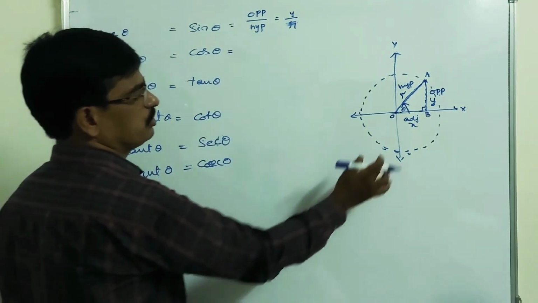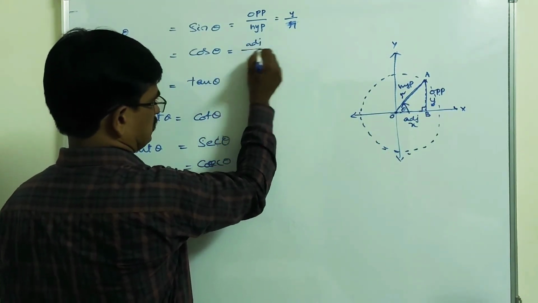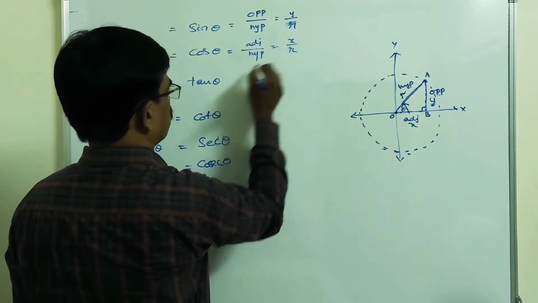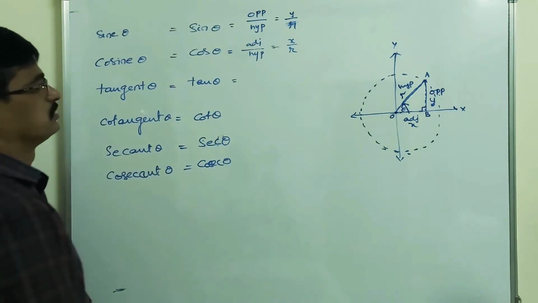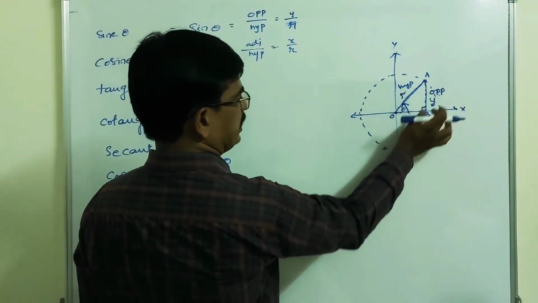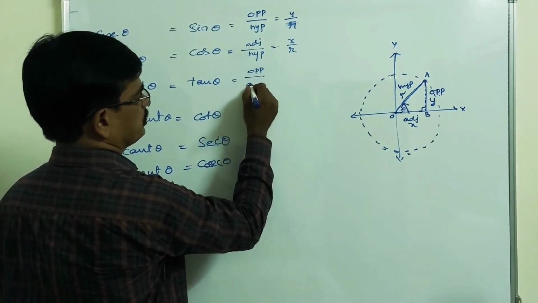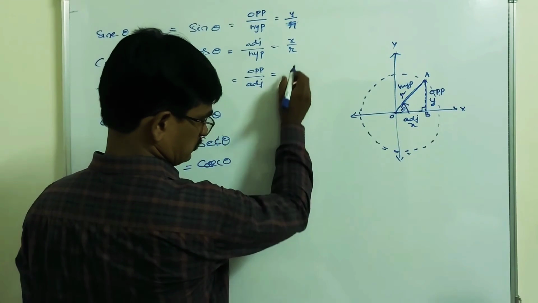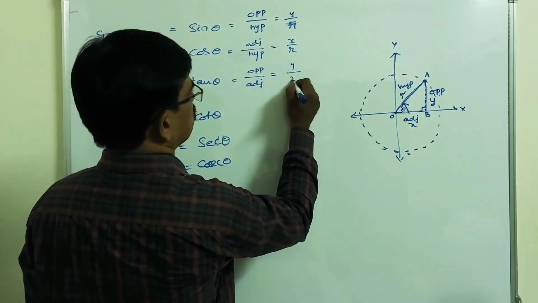Next, cos theta is equal to adjacent side by hypotenuse, that is x by r. And tan theta is defined as the ratio between the opposite side and the adjacent side, that is y by x.